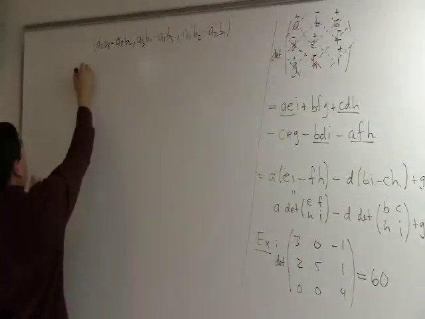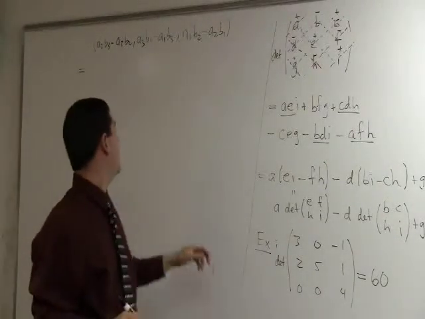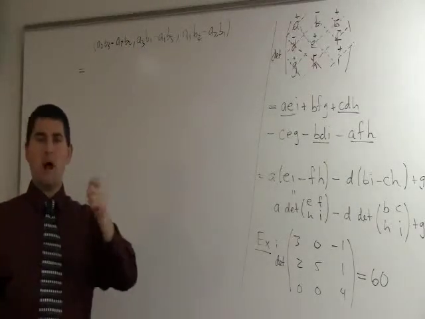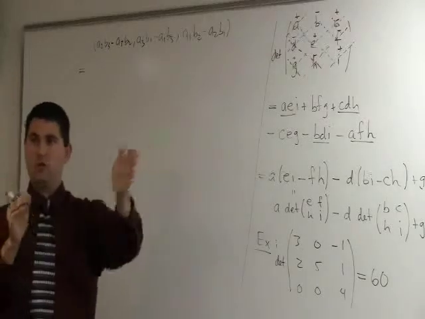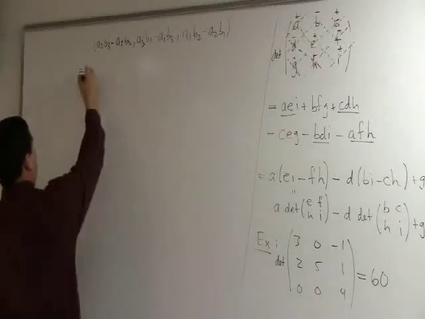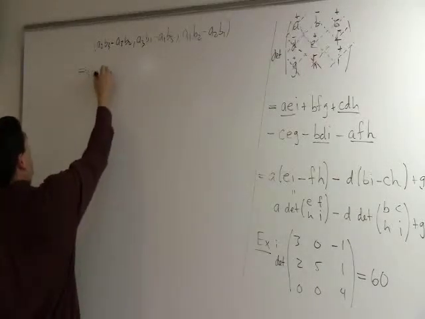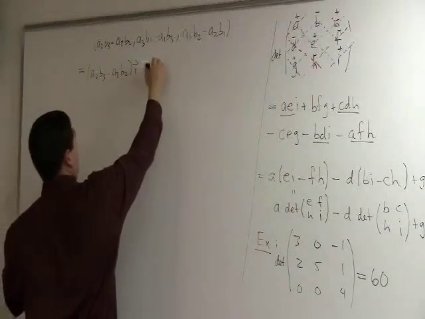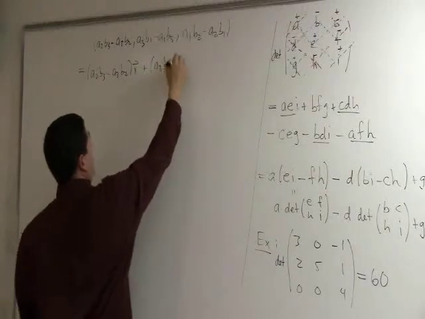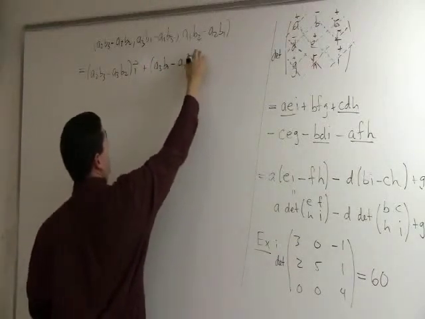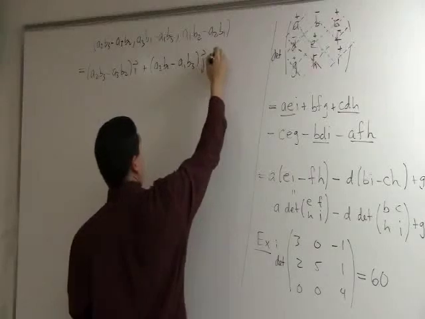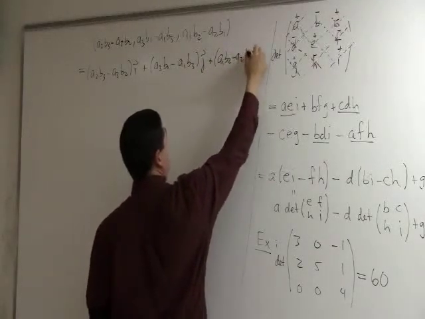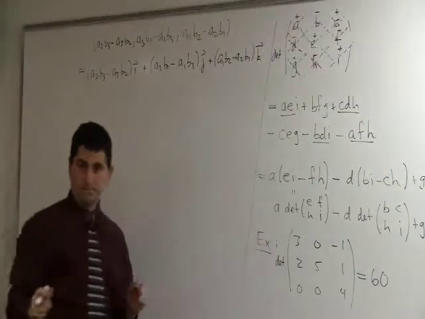I could write this in terms of I, J, and K. Remember, I, J, and K are the standard unit vectors. So I could write this as A2B3 minus A3B2 I plus A3B1 minus A1B3 J plus A1B2 minus A2B1 K.